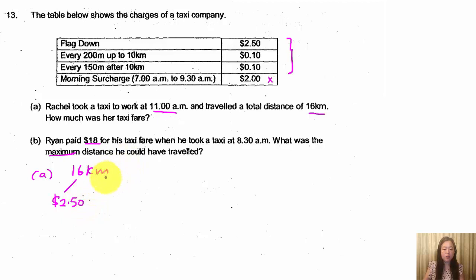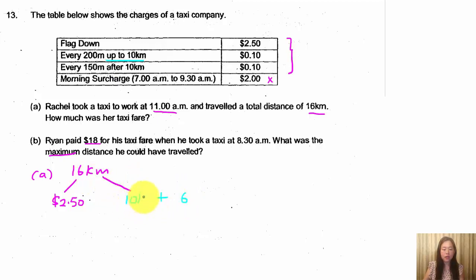And we have to now decide on how this 16 kilometers has to be distributed. The clue here is up to 10 kilometers, so we have to divide this into 10. 16 minus 10 is 6.